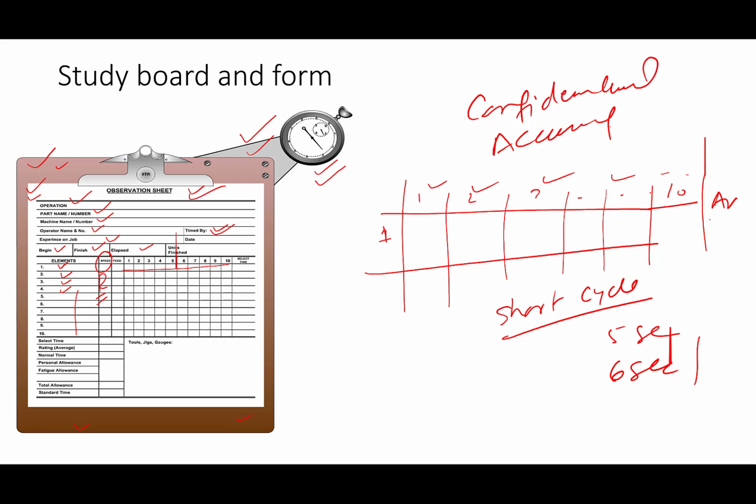Then we determine the average time, and the average time is multiplied with the performance rating to get the basic time or normal time. This kind of form is more for short-cycle jobs. Here you can see the average rating, all elements rated, normal time, then personal allowances are added to get the standard time. About this I'll talk a little later also.